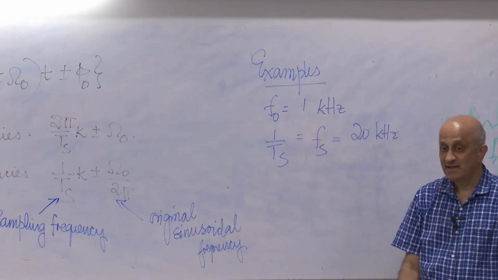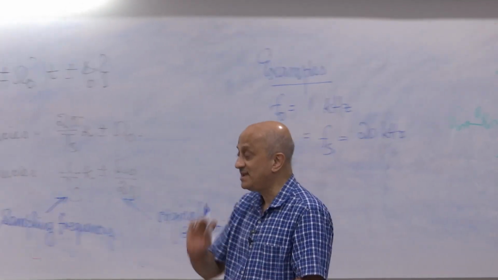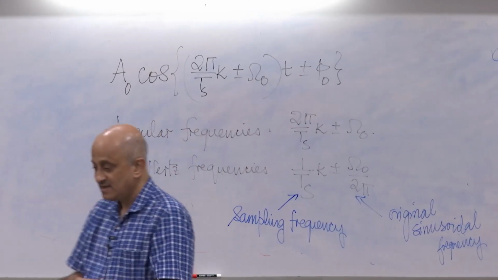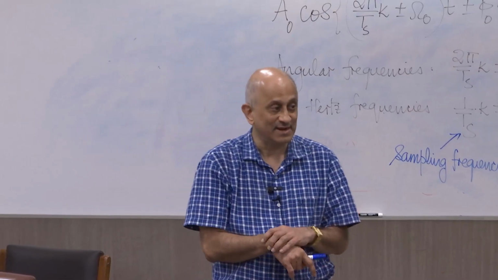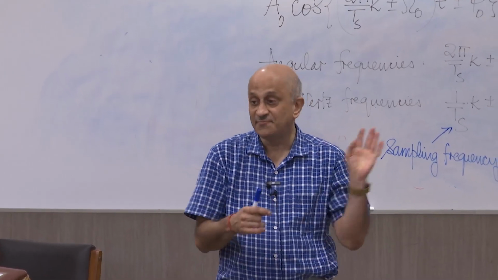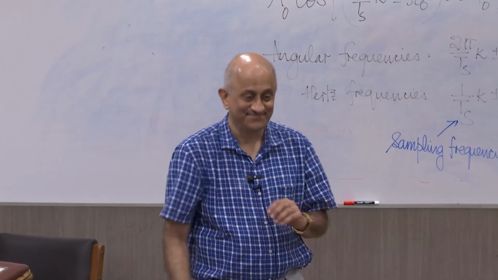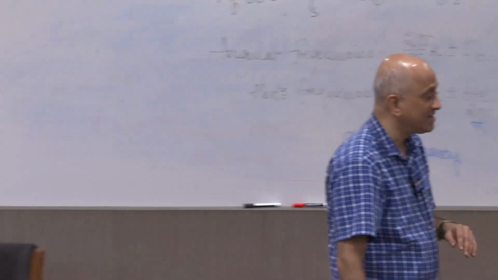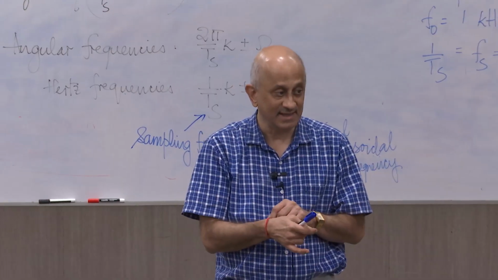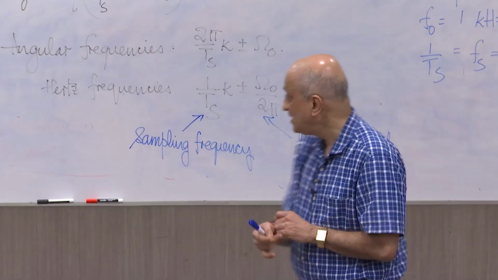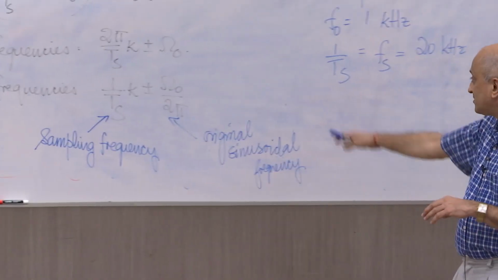So can you list the frequencies? Let's do some exercise, at least where we work in groups now. List the frequencies that we are talking about, and I'd like one of you to come and solve this. So we'll take this like a session where you work out problems with me.